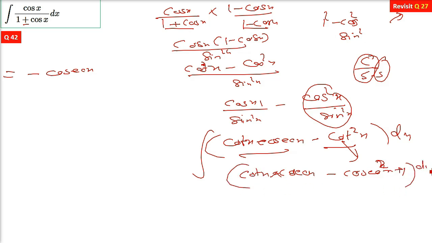Now what we have got: plus cosec square x, whose integration is minus cot x. So we get plus cot x, and the integral of 1 dx is x.